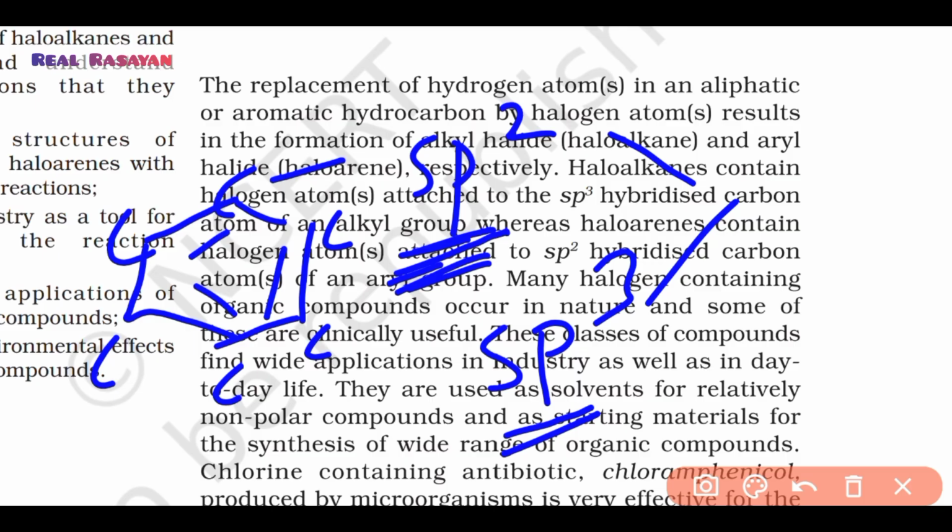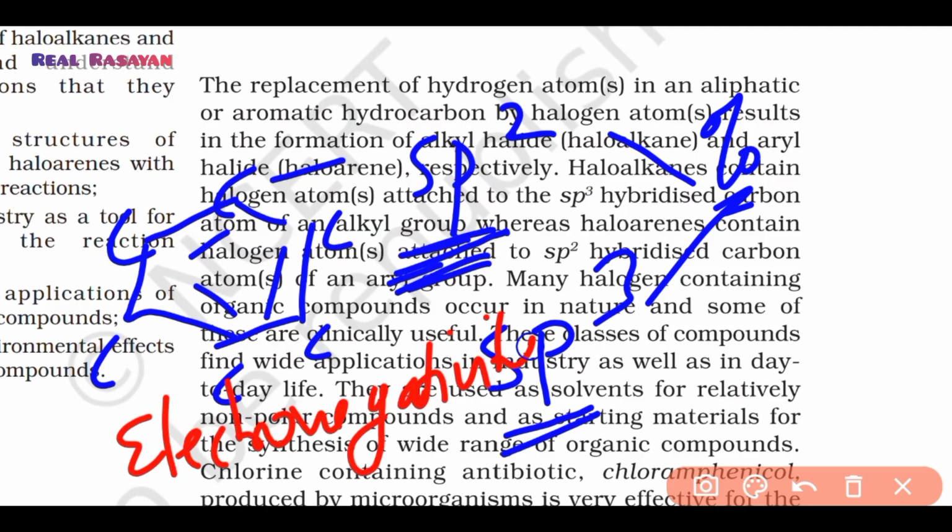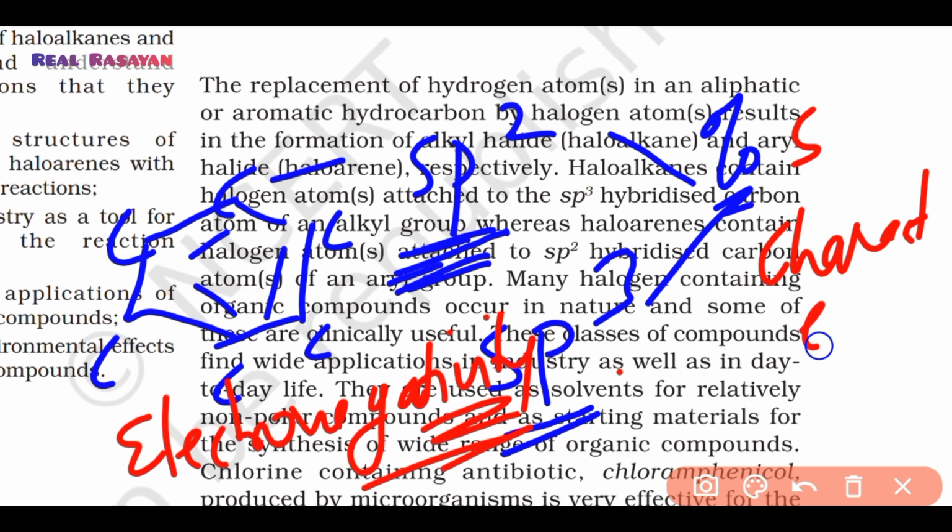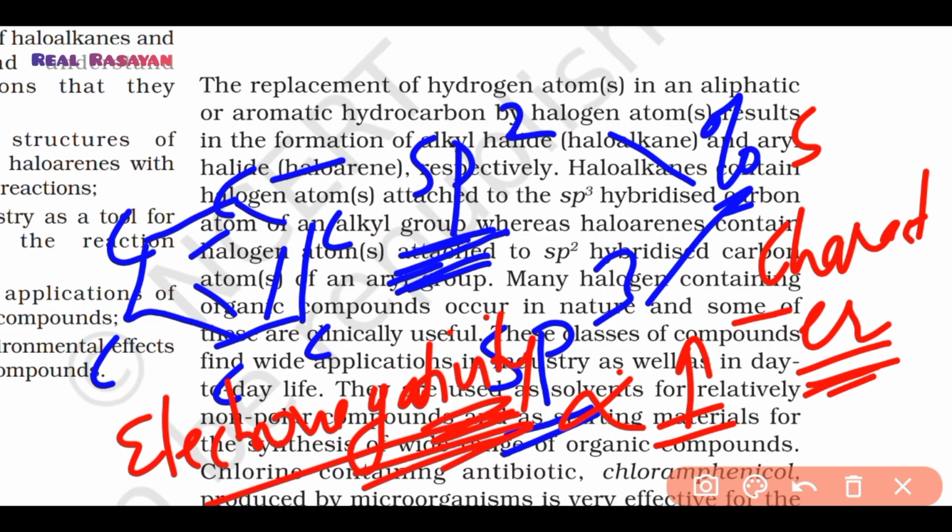Electronegativity is directly related to the percentage of S character. Greater the S character, greater is the electronegativity.